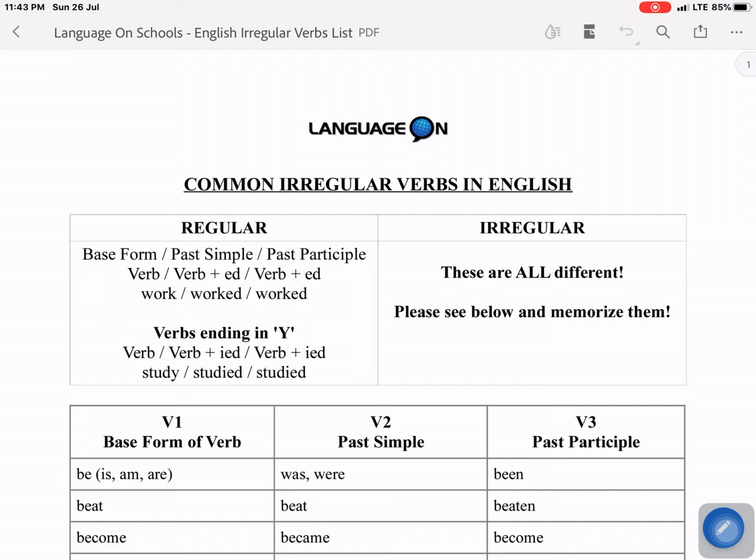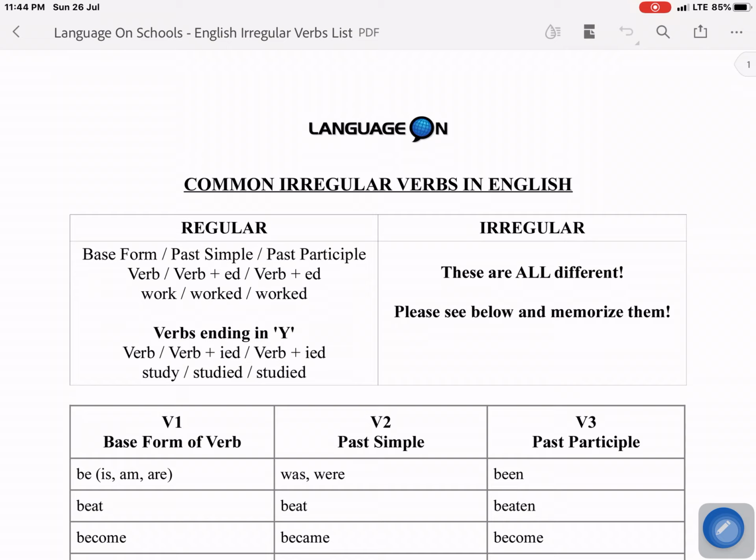For example, the verb itself in base form is V1, and with some verbs if you add ed, verb plus ed, it becomes the V2 form. Again, verb plus ed becomes the third form, that is past participle.